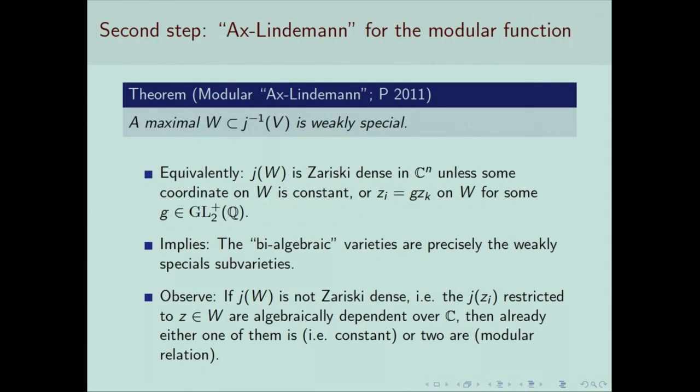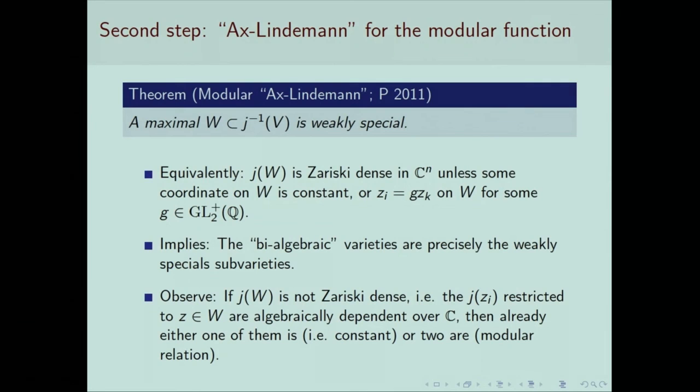Right, so in particular this implies, which I should have remarked in the exponential case, that the only algebraic varieties whose image is actually algebraic under J are the varieties in upper half plane to the n defined by equations of this form, some number of constant coordinates and some others related by GL2Q.